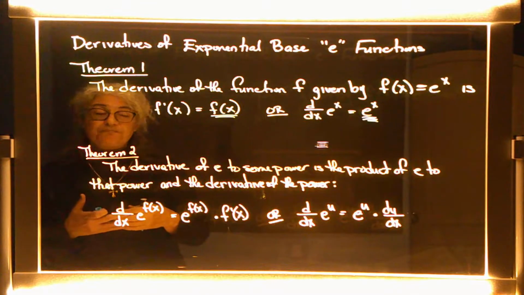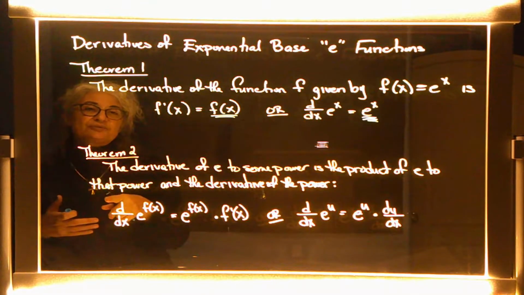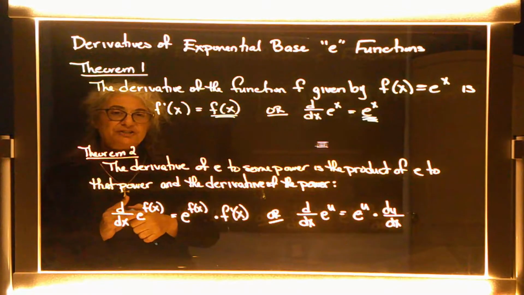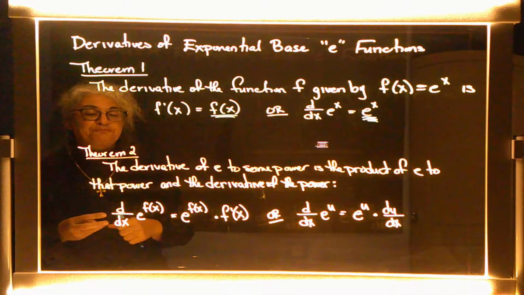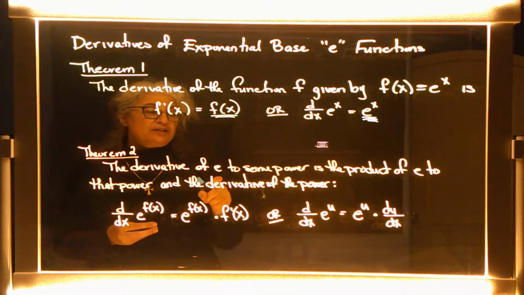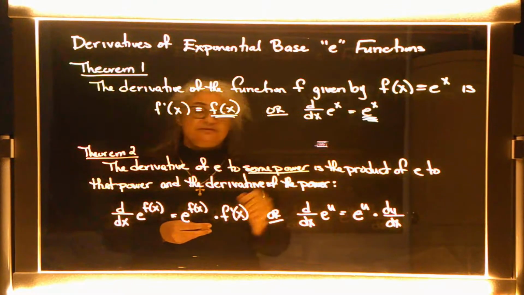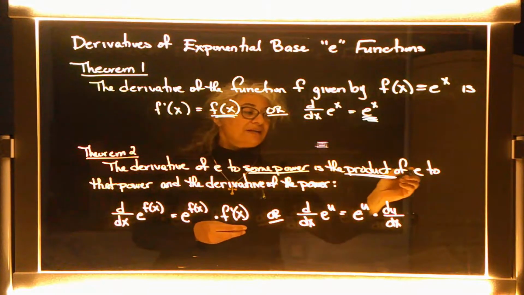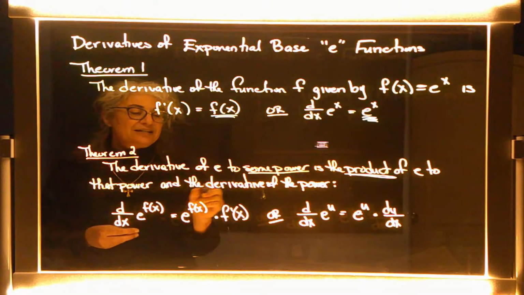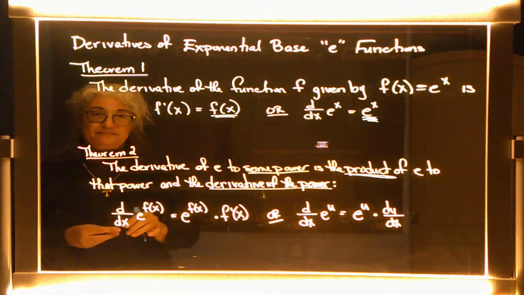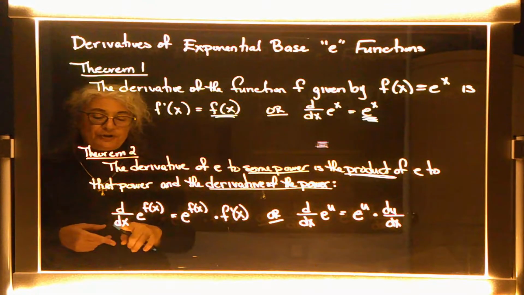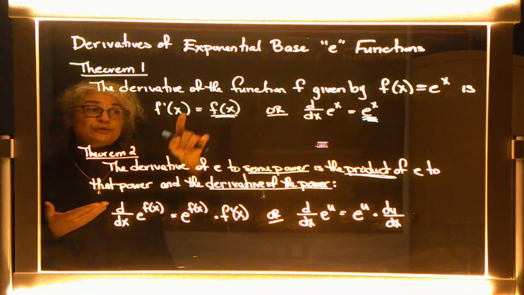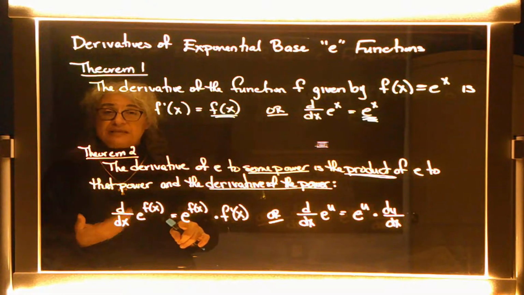Well, yay for that. Now, we have a second derivative that kind of goes off that extended power rule that we did in a different lecture. So let's look at this particular theorem. The derivative of e to some power is the product of e to that power and the derivative of the power. For example, the derivative of e to the power of f of x, as we learned from the first theorem, is first of all just going to be e to the f of x.